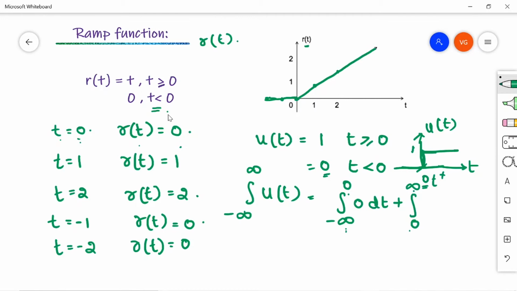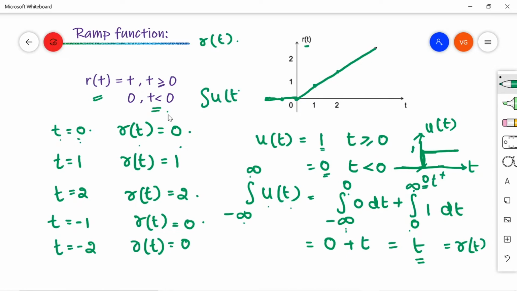Then 0 to infinity, the value of u of t is 1. So 1 dt. So integral of 0 is 0 plus integral of 1 dt is t. So integral minus infinity to infinity, u of t is nothing but t, that is nothing but here r of t. So integral of u of t is also defined as r of t.